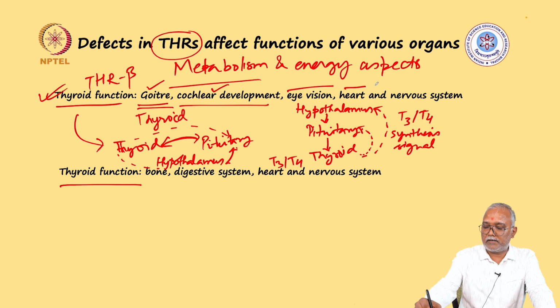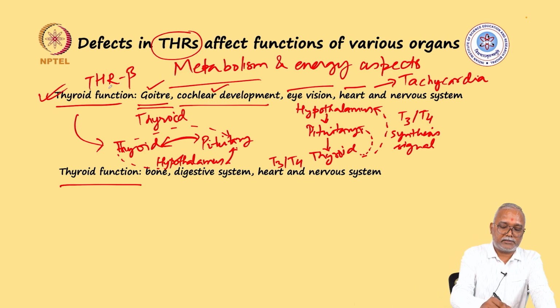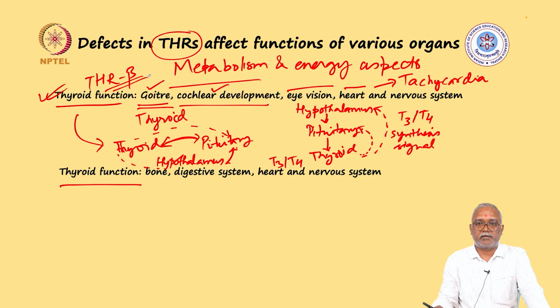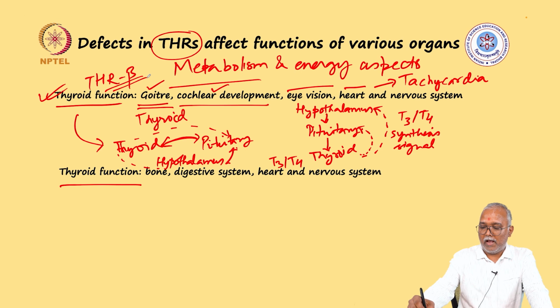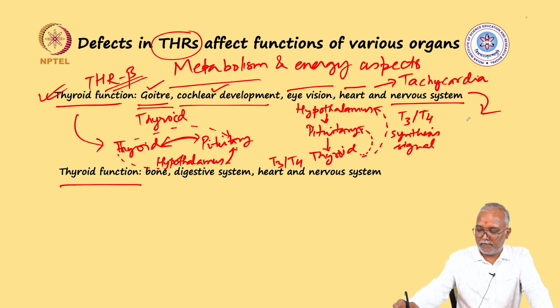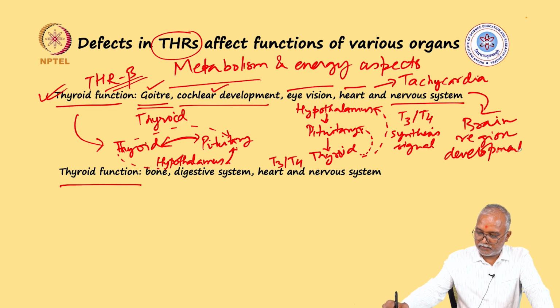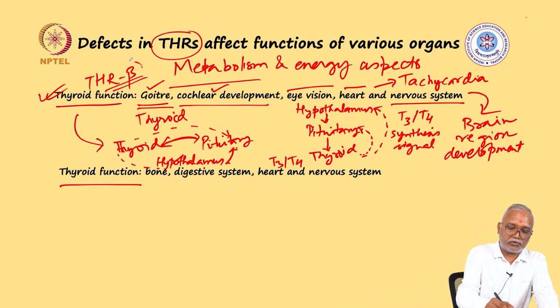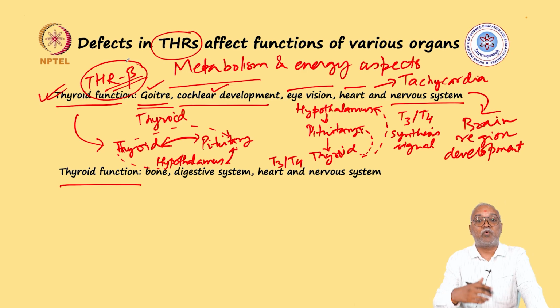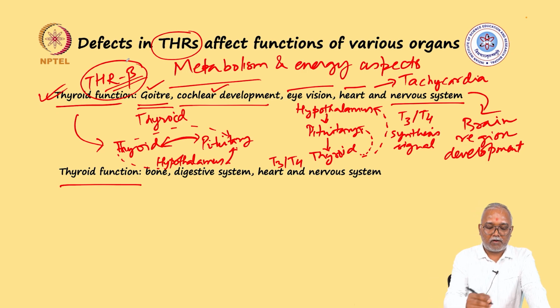Heart function, particularly a situation called tachycardia, arises when THR beta family of these nuclear receptor for thyroxine are not working fine, and in the nervous system, particularly a lot of brain region development is affected.